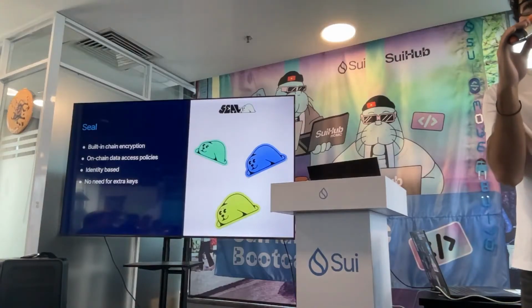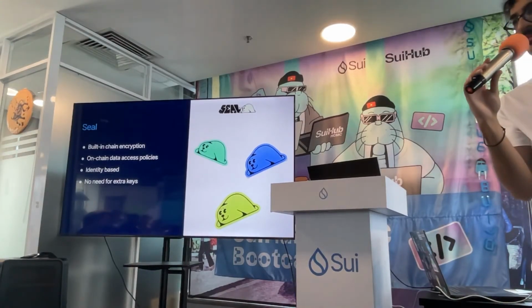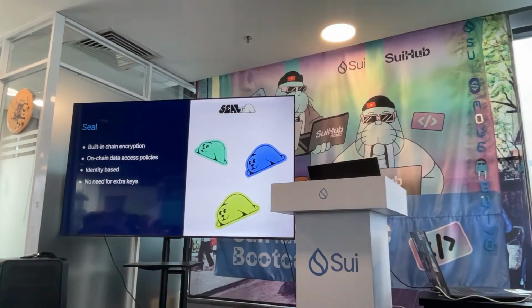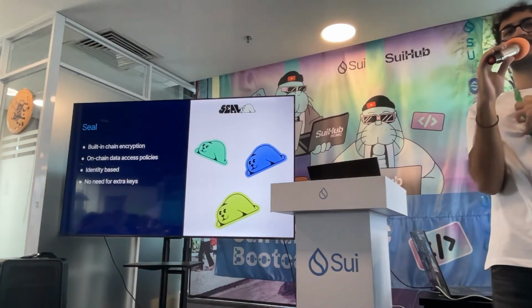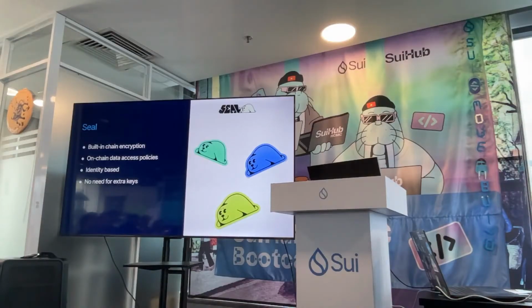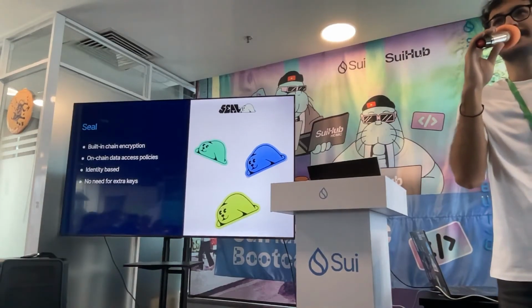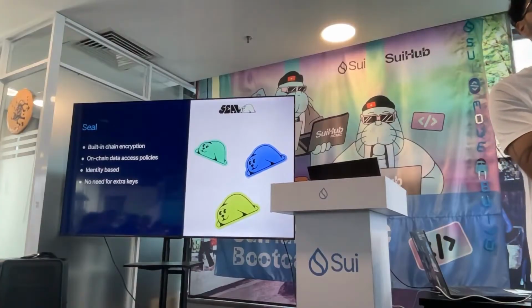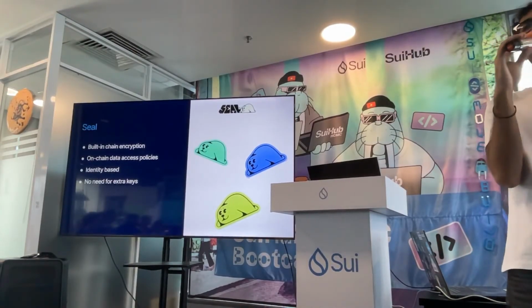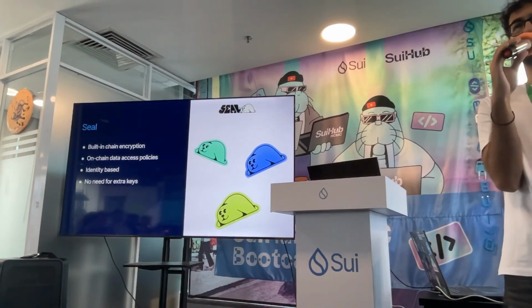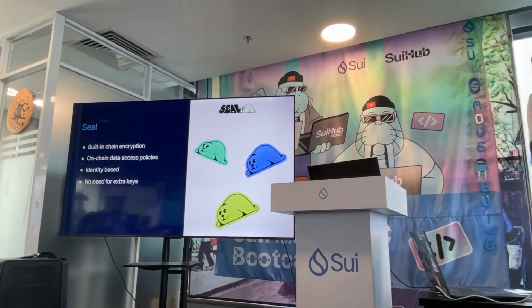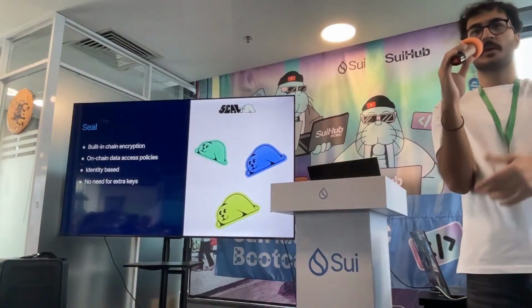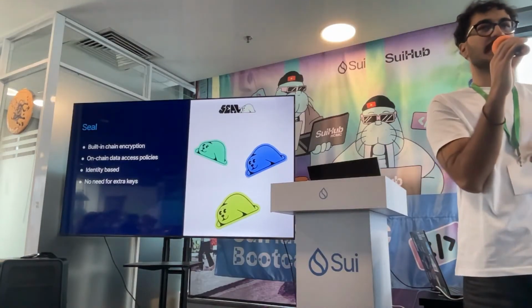I don't want to upload it on AWS, for example, because I either don't trust it or I want to be the only one who owns this image. So I upload it to Walrus. If I do not encrypt it, that means that with this blob ID, as we call it on Walrus, anybody who comes up to my blob ID and fetches it would be able to see my image.